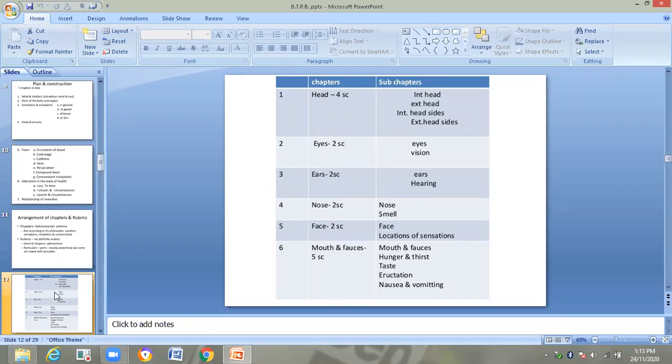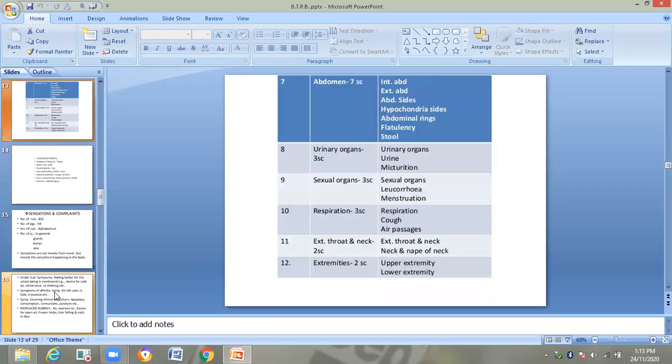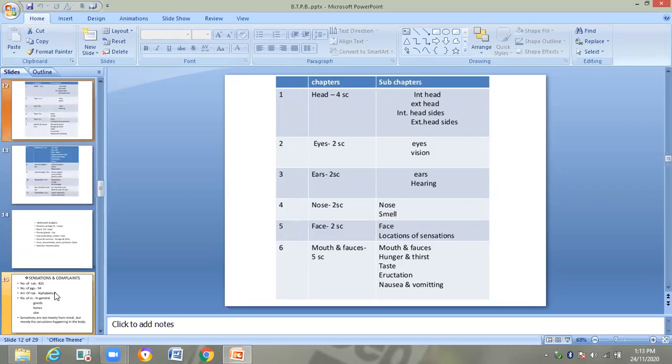Under nose, again 2 subchapters, nose and smell. Under face, also 2 subchapters, face and locations of sensations. Under mouth and fauces, there are 5 subsections, that is mouth and fauces, hunger and thirst, taste, eructation, nausea and vomiting.